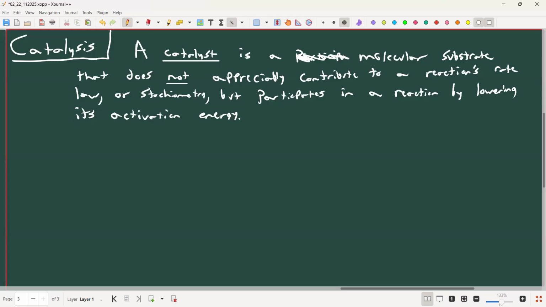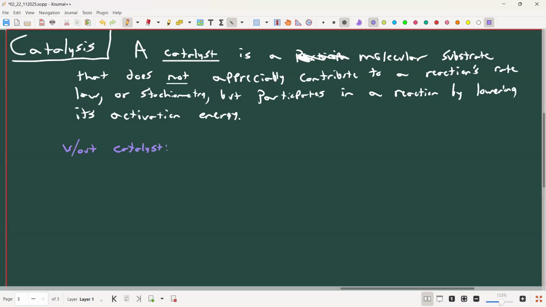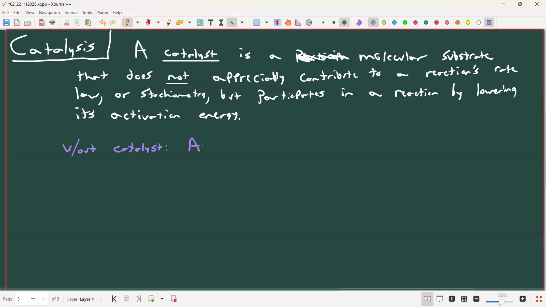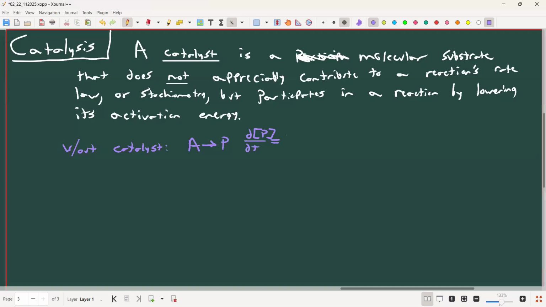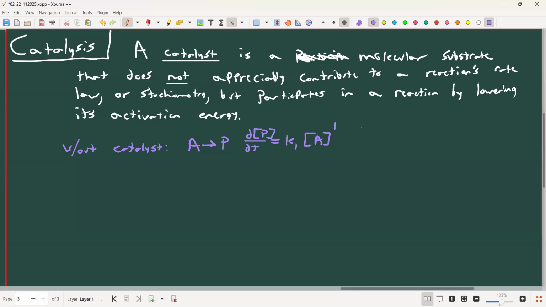So the idea is that, without catalyst, this is kind of a dumb way to write it, you have some reaction A to P, dP/dt is equal to k1 times A to the first power. We're assuming high pressure here.